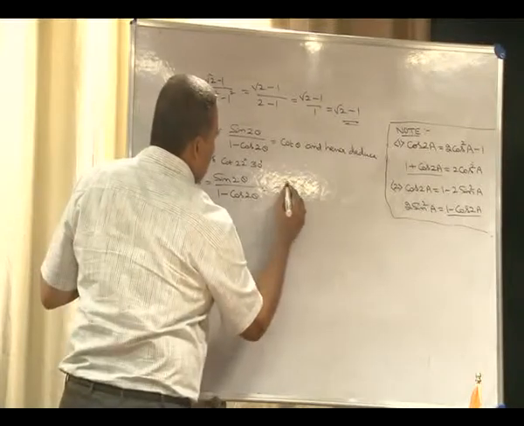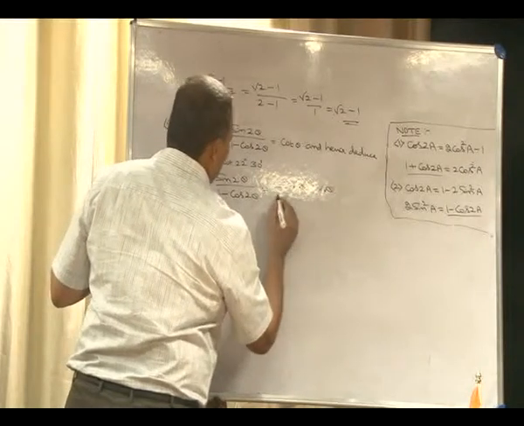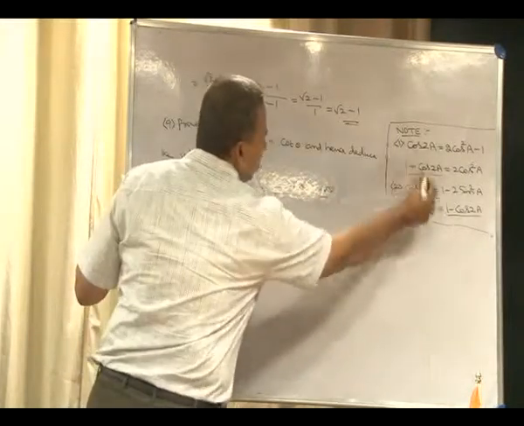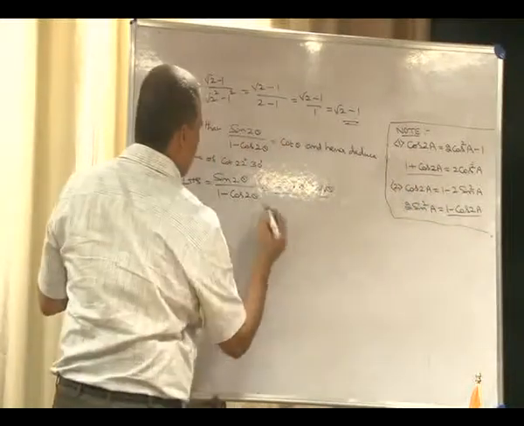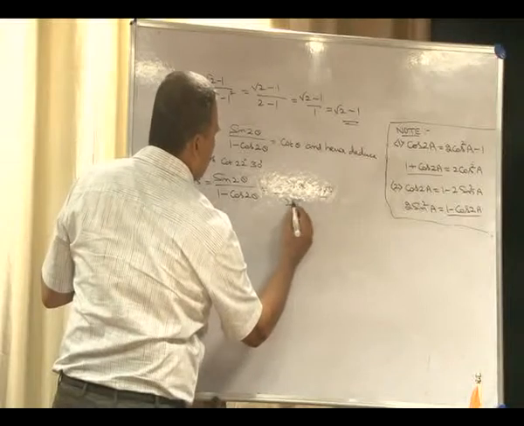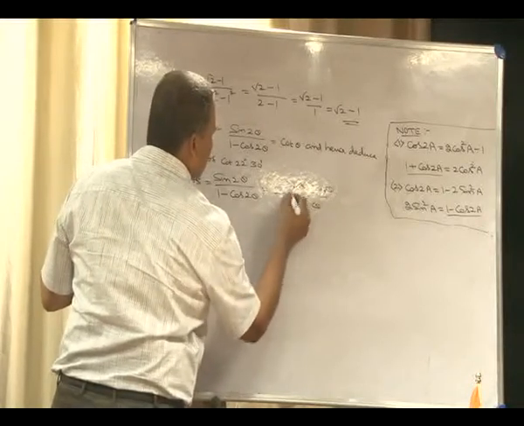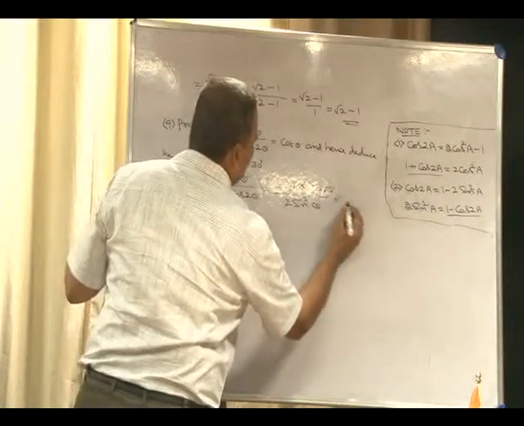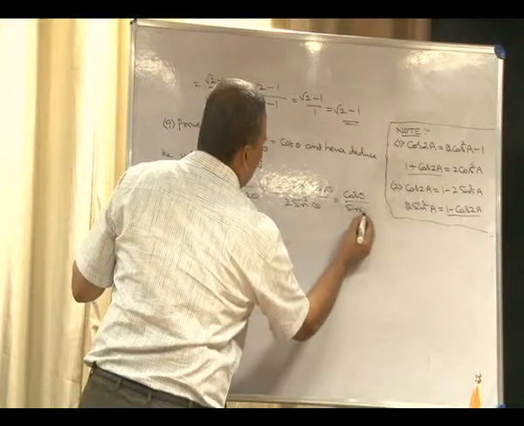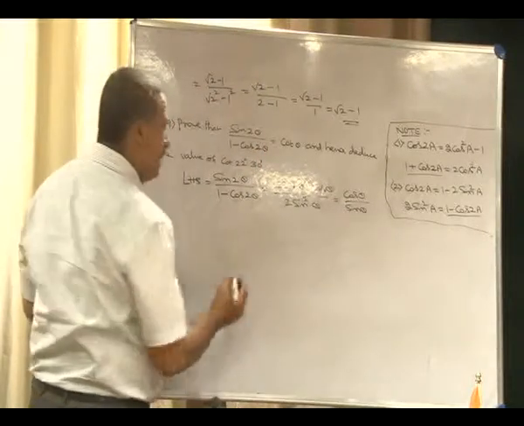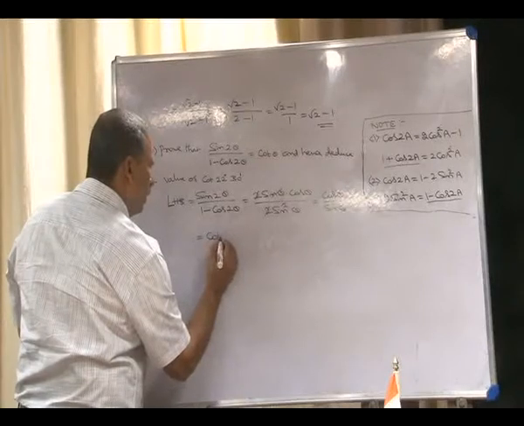Sin 2 theta is 2 sin theta cos theta, by 1 minus cos 2 theta, which is 2 sin square theta. The 2 cancels, sin theta cancels, and that is equal to cos theta by sin theta. Cos by sin is cot theta.